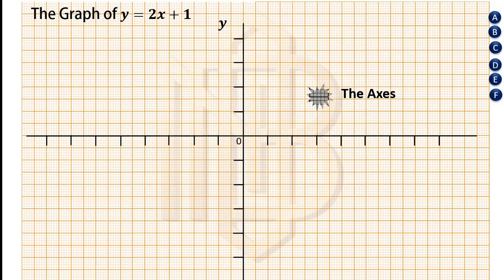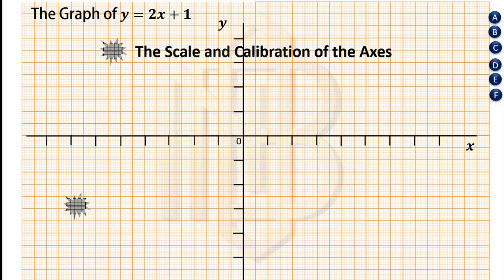Okay, so now if we have the y-axis and x-axis given as this, we can comfortably then do the calibration, talking about the scale and the calibration of the axis. Okay, so for the calibration, it means the way we number the axis. Okay, and the scale means the measure with which we do the numbering.